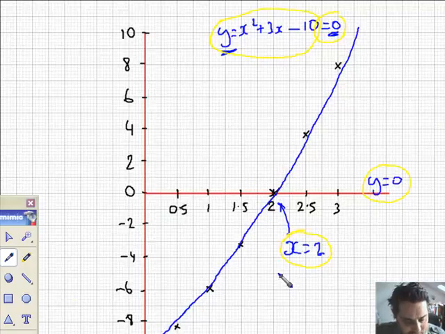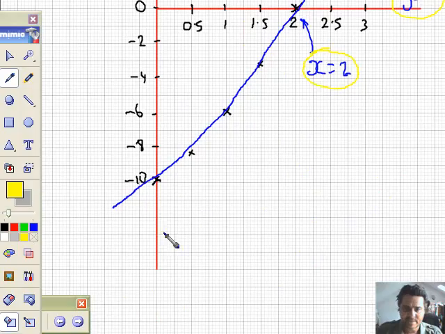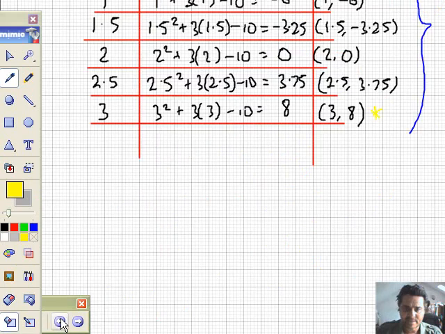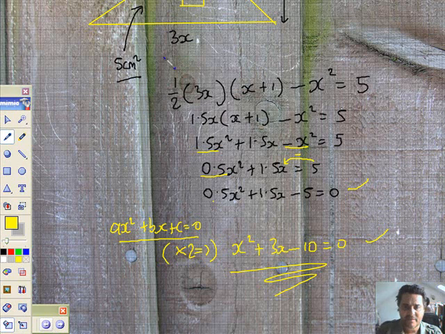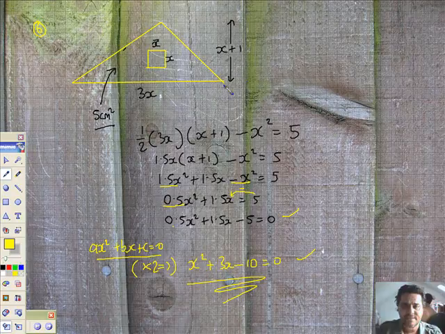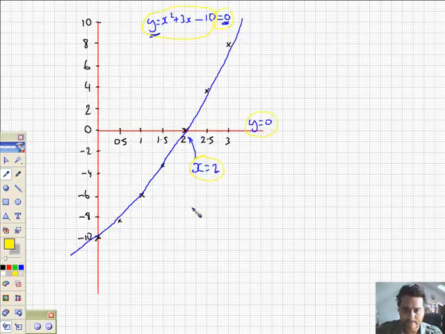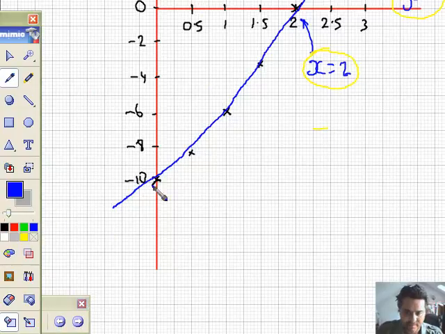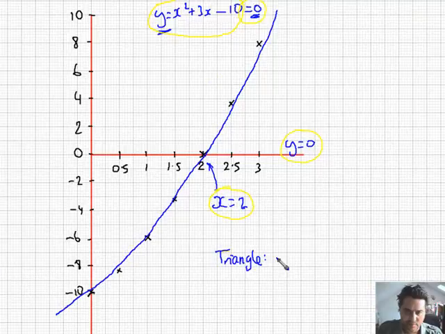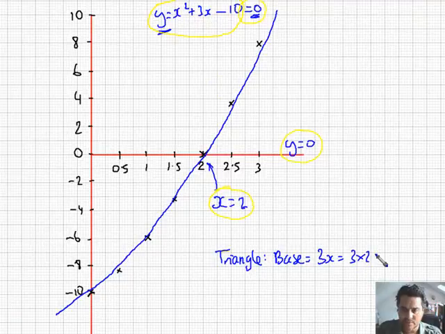Now it asks us what are the dimensions of the triangle and the square. Well, if you recall, the triangle has a base of 3x and a height of x plus 1. So the triangle's base equals 3x, which means 3 lots of 2, which means 6 centimeters.